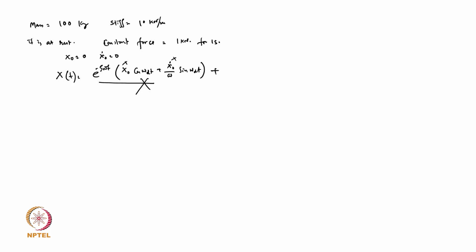Done. Plus we will have 1 by m omega d integral 0 to t f of tau into e to the power of minus xi omega (t minus tau) into sine omega d (t minus tau) d tau.